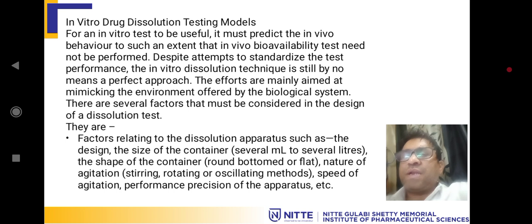Despite attempts to standardize the test performance, the in vitro dissolution technique is still by no means a perfect approach. The efforts are mainly aimed at mimicking the environment offered by the biological system.